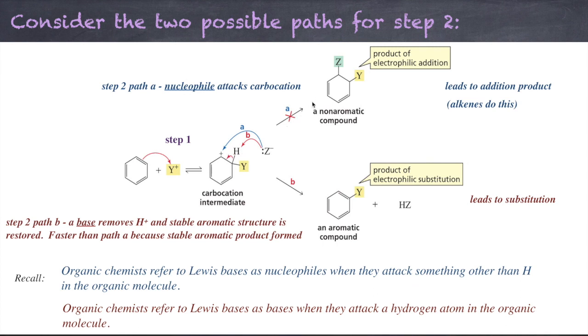So if it proceeds as a nucleophile, that leads to addition, which is what we saw for alkenes. That does not happen with aromatics. Instead, we go down this path where the species acts as a base, removes the hydrogen, and reestablishes the aromatic ring, which results in substitution.